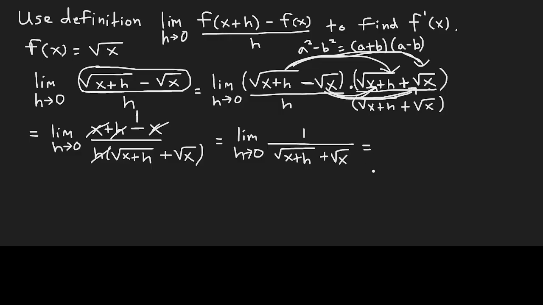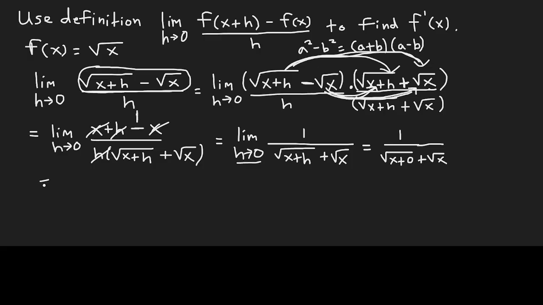Now we can substitute h equals 0 into our expression. When we do that, we get 1 over square root of x plus 0, plus square root of x.